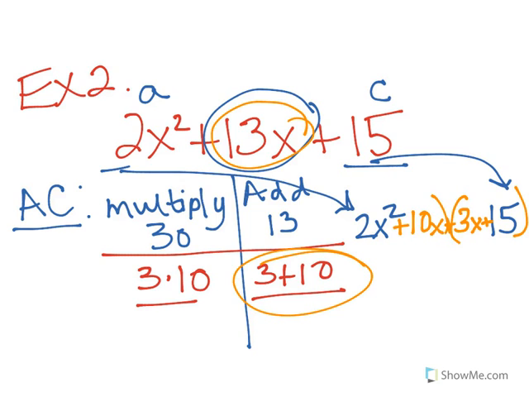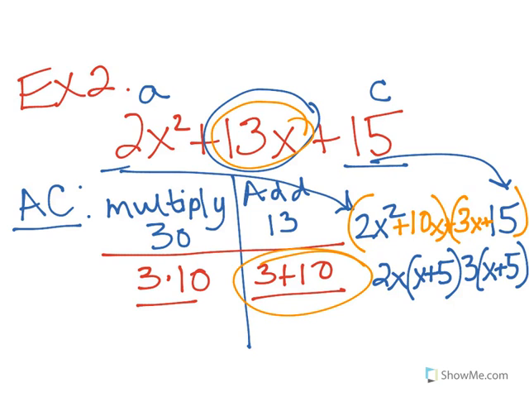So now I have two binomials, and I can pull out the GCF, the greatest common factor. Out of the first one, I can pull out a 2x, because it's divisible by 2x. So then I'm left with x plus 5. And then the next one, I can pull out a 3. So then I'm left with x plus 5, because I can divide both of these by 3.